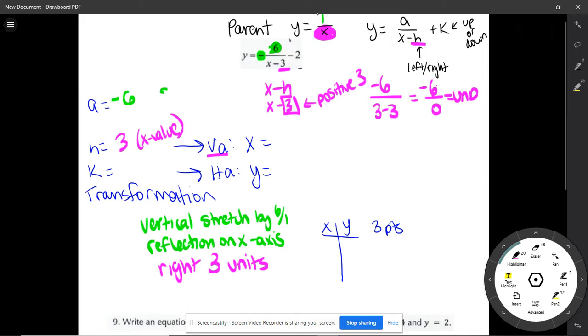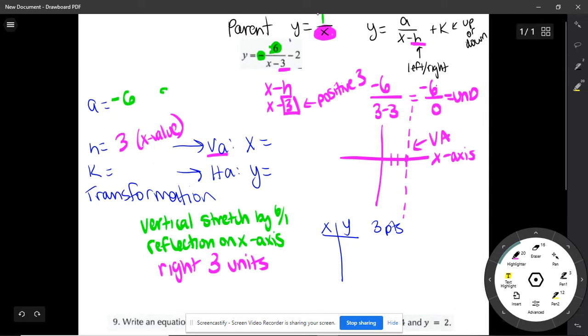That tells me when I look at my x-axis that at 3, at this point right here, at 3 on the x-axis, we cannot include that in our domain. So that tells me that I'm going to have a vertical asymptote, a VA, at positive 3 for x. That is going to be my VA. So if you ever see those initials, that just means vertical asymptote. It cannot be that value because it makes my function undefined.